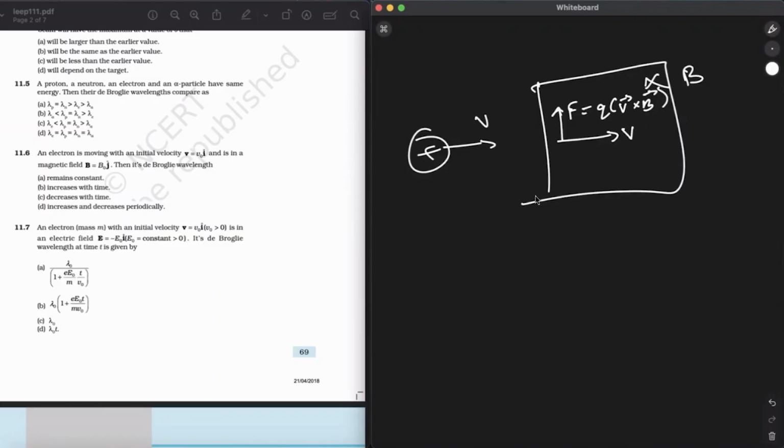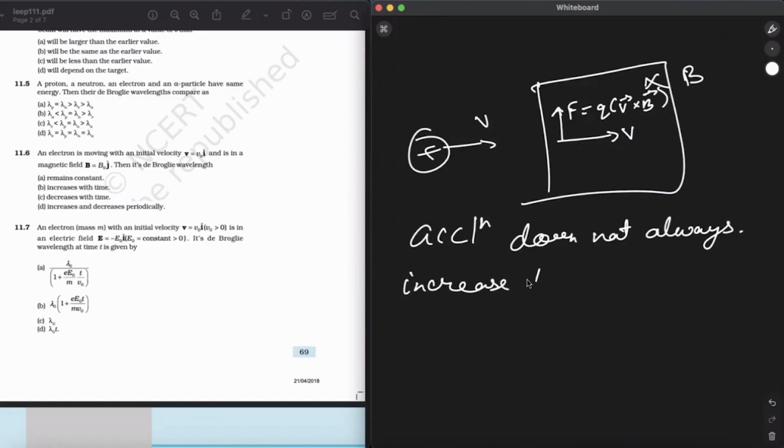But acceleration does not always increase the magnitude of velocity.